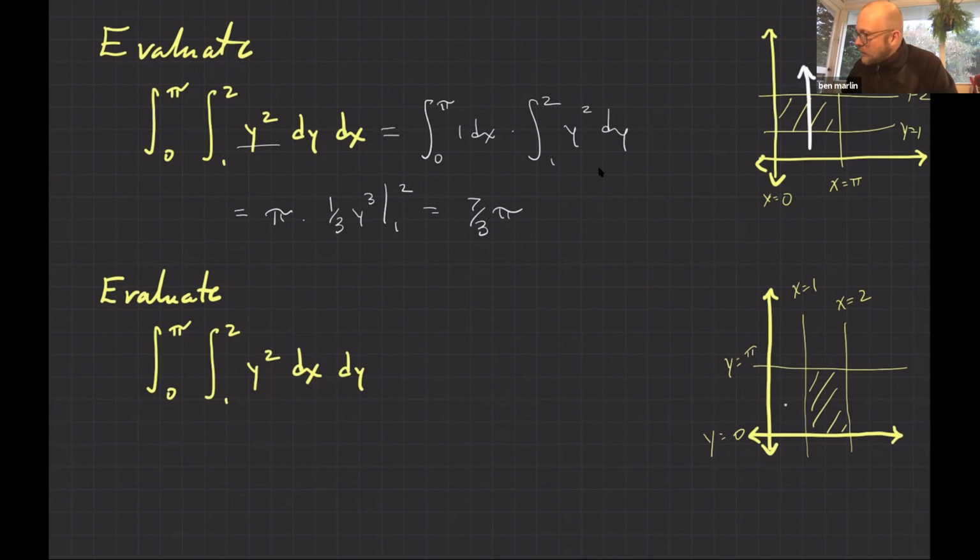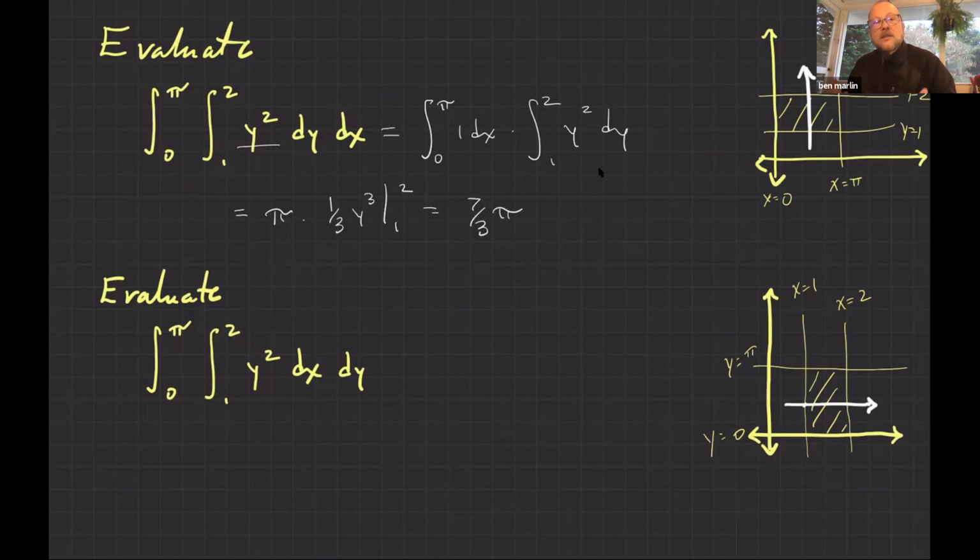Now we draw an arrow in the direction that x increases. The place that we enter the region is where x equals 1, and that's why x equals 1 is the lower limit. The place we exit the region is at x equals 2, and that's why x equals 2 is the upper limit, okay?